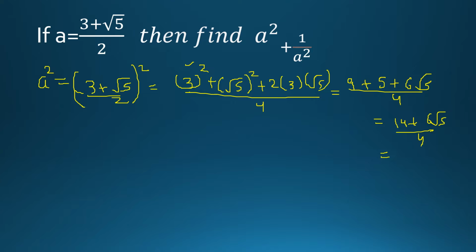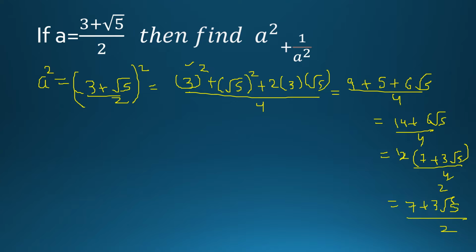Can you take out 2 as common? So 2 7s are 14, 2 3s are 6 divided by 4. 2 1s are 2, 2 2s are 4. What are you left with? 7 plus 3 root 5 by 2. Correct?